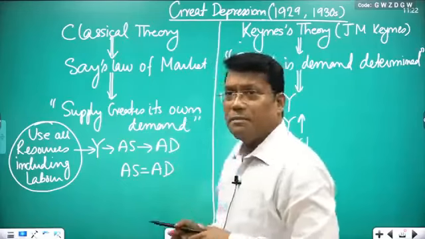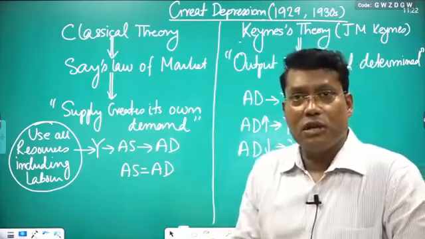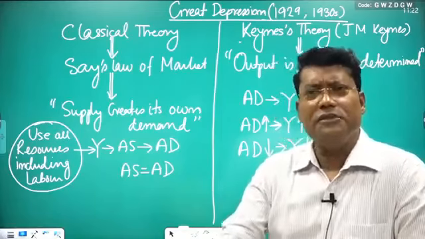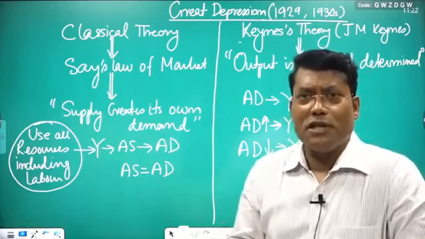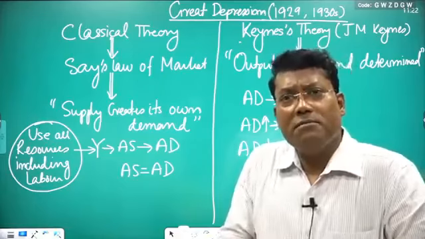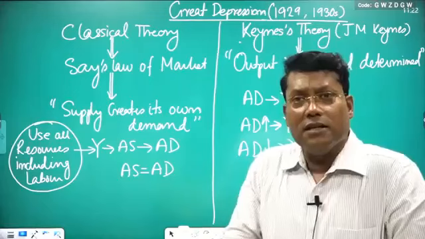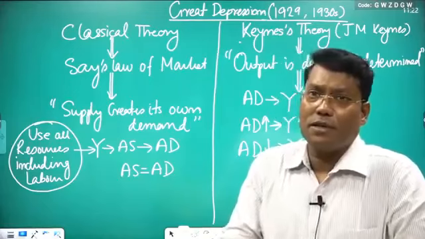So why is the Great Depression important as a subject in economics? Basically, we discuss this type of economic phenomena, but it's very important for economics because it changed the basic principles of economics.